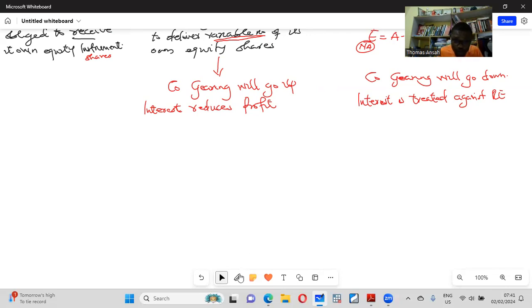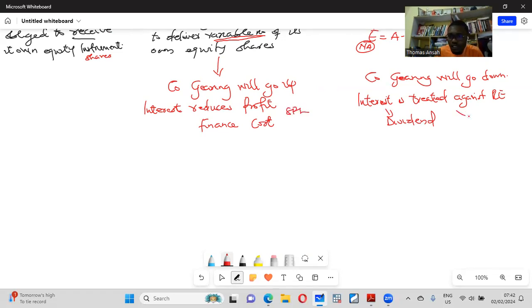It's called finance cost. And if it is treated as an equity instrument, the interest is actually called dividend, and it is treated against retained earnings. So while this one is affecting the profit or loss, this one is affecting the statement of changes in owner's equity.